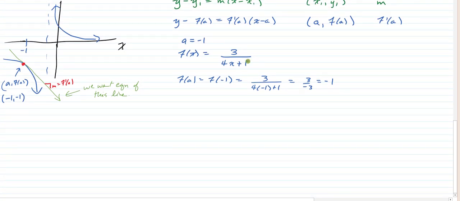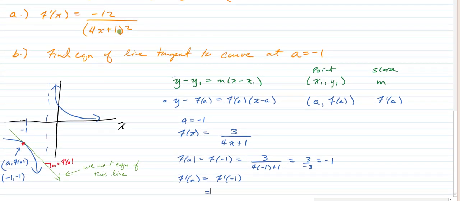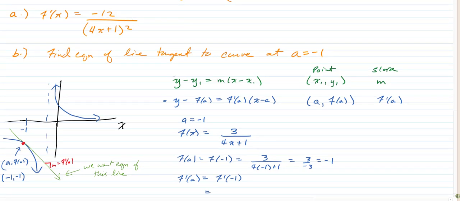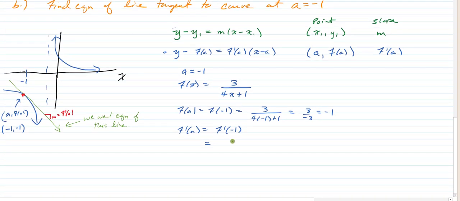Now the last thing we need to use this equation of the tangent line is we need to know what f prime of a is. F prime of a would be f prime of -1, and we're going to take our answer from part A, which was the derivative of this function at any point. We can then compute the slope of the tangent line. So we'll get that that is -12 all over 4 times -1 plus 1 quantity squared.